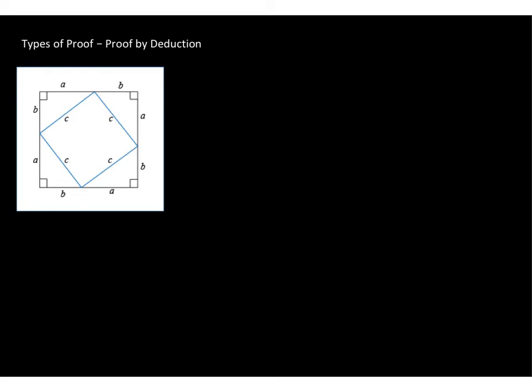So have a look at the diagram on the left-hand side here. We're going to write down a result that will give us the area of the blue square. So the area of the blue square could very simply be described as c squared if we just take the area directly like that.